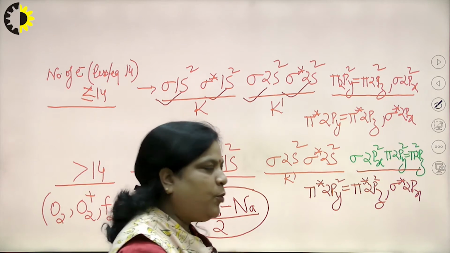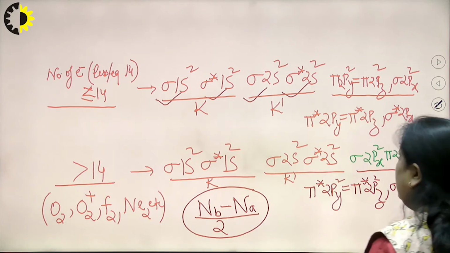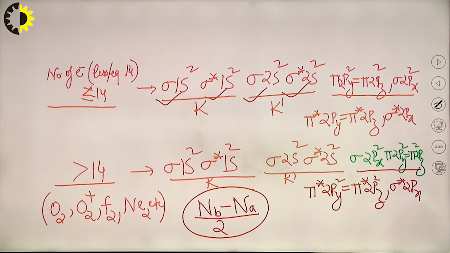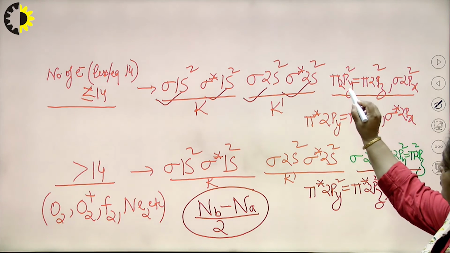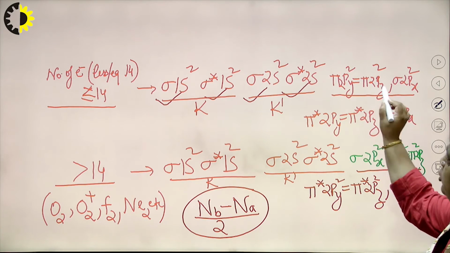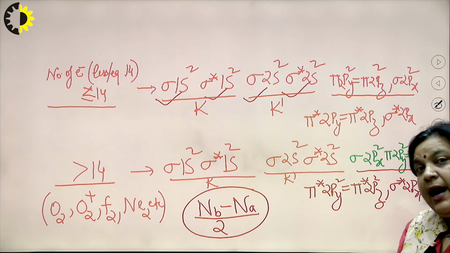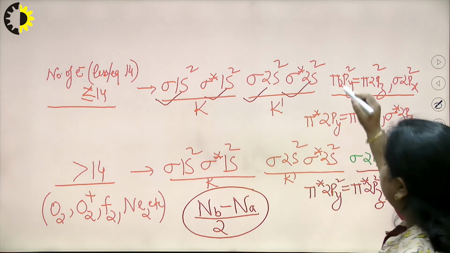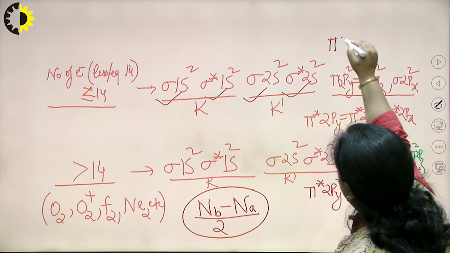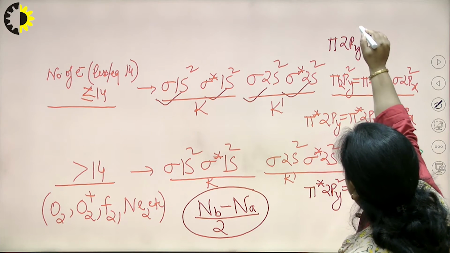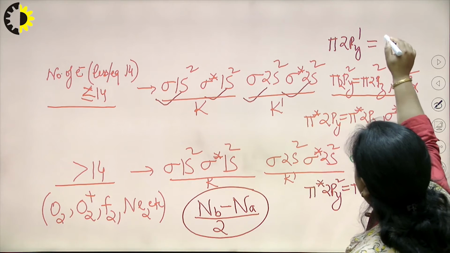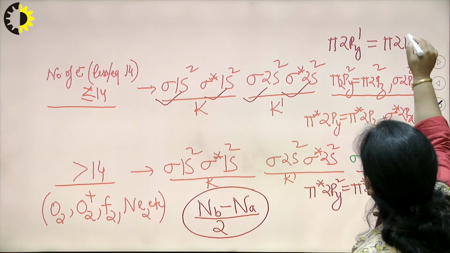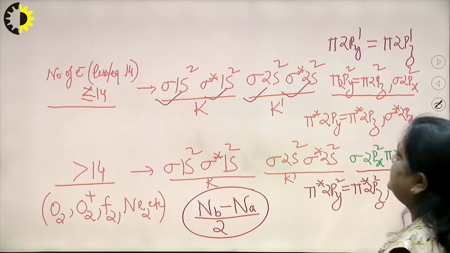So, there is no problem of 8 electrons, but the 9th and 10th electrons will enter pi 2py and pi 2pz, and since both have the same energy, as per Hund's rule, the 9th electron will enter 2py and the 10th electron will enter 2pz.